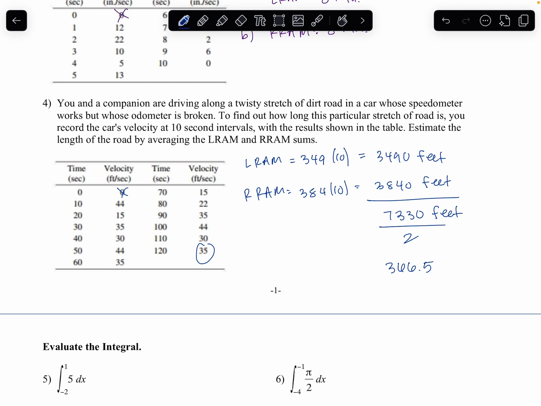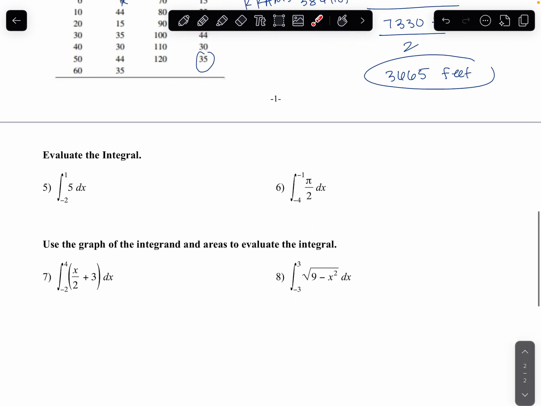Okay, divide that by 2. And I get 3665 feet. So that's what we're saying that the length of that road is right there, or our estimation is anyways. So okay, moving on.